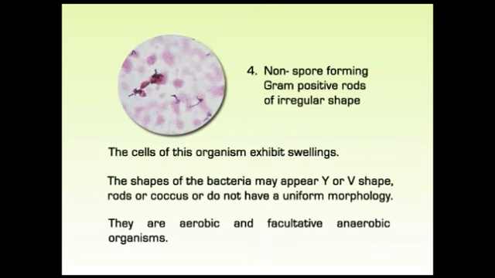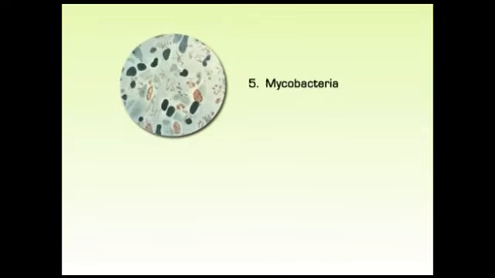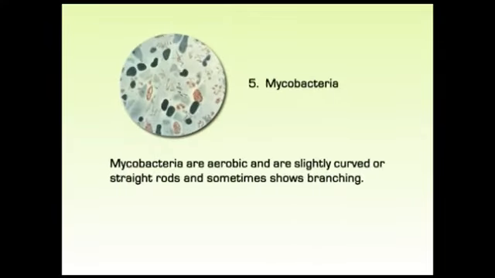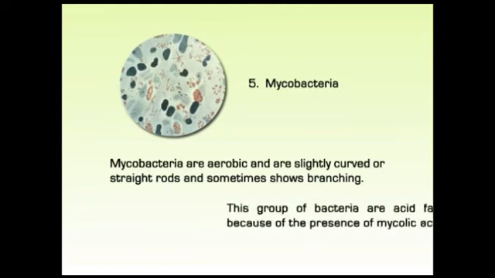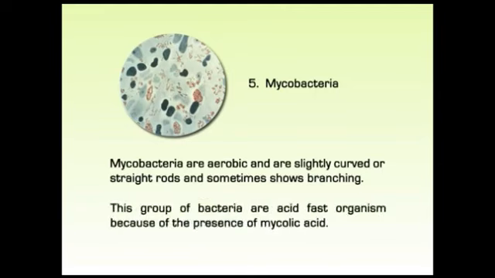They are aerobic and facultative anaerobic organisms. Next, mycobacteria. Mycobacteria are aerobic and are slightly curved or straight rods and sometimes show branching. This group of bacteria are acid-fast organisms because of the presence of mycolic acid.